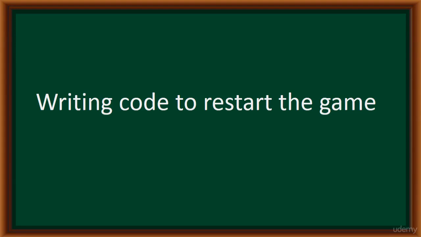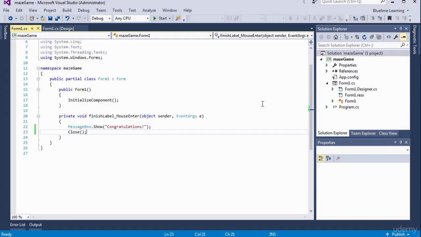Hello and welcome. In this lecture, we are going to write code to restart the game. We're going to do this by creating a method. The method we are going to create, we want it to automatically reposition the mouse pointer in the upper left corner of the panel.